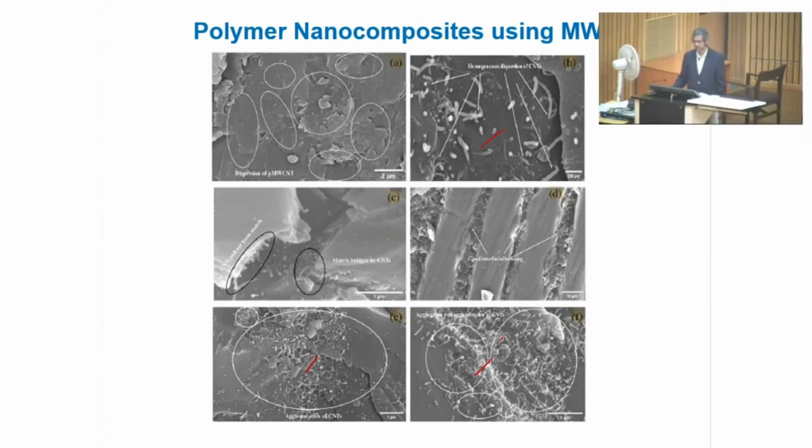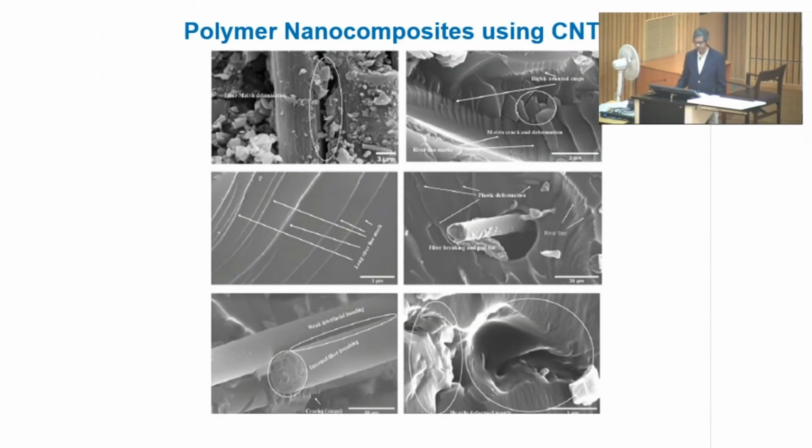It is very difficult to avoid the agglomeration of the CNTs, but CNTs provide many improved properties of this nanomaterial. Here you can see these are actually CNTs. In some cases you can see the pull out of the CNTs also. It is possible to observe that, or they are well dispersed in many cases. So, this is something which is routinely found.